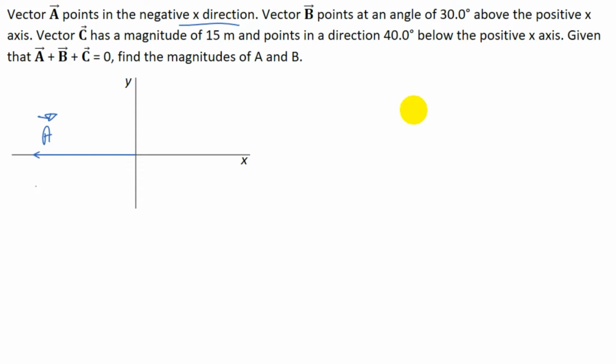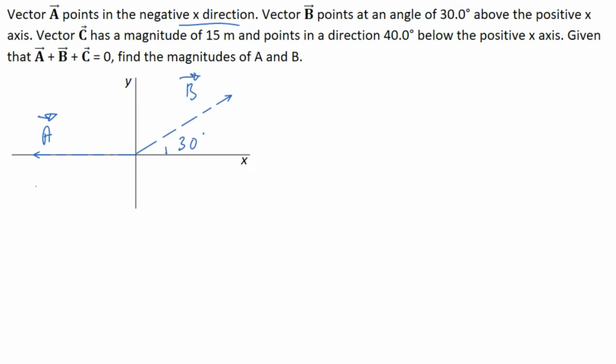Here also we just know the direction, we don't know the magnitude. So this is our vector B and this angle is 30 degrees. Since we don't know the magnitudes, we can make them dotted, something like that. So this is our vector A and vector B.